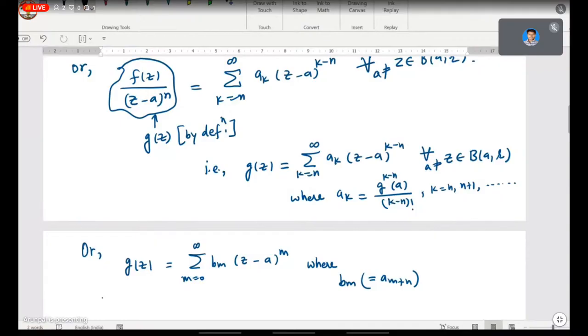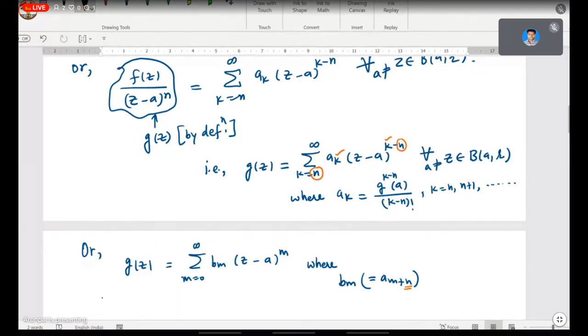Class, please take a note. If you notice here, the dummy is k. This n is fixed, right, class? The summation is over the index k, so I am taking advantage of that and ignoring the presence of n because it is constant.